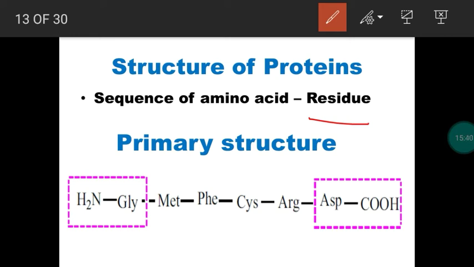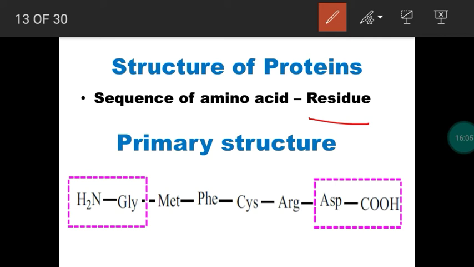So the sequence of amino acids is called a residue here. The polypeptide chain can be folded in different ways. Based on that, we have primary, secondary, tertiary and quaternary structures. So we have a hierarchical order, and this hierarchical order will be explained now.